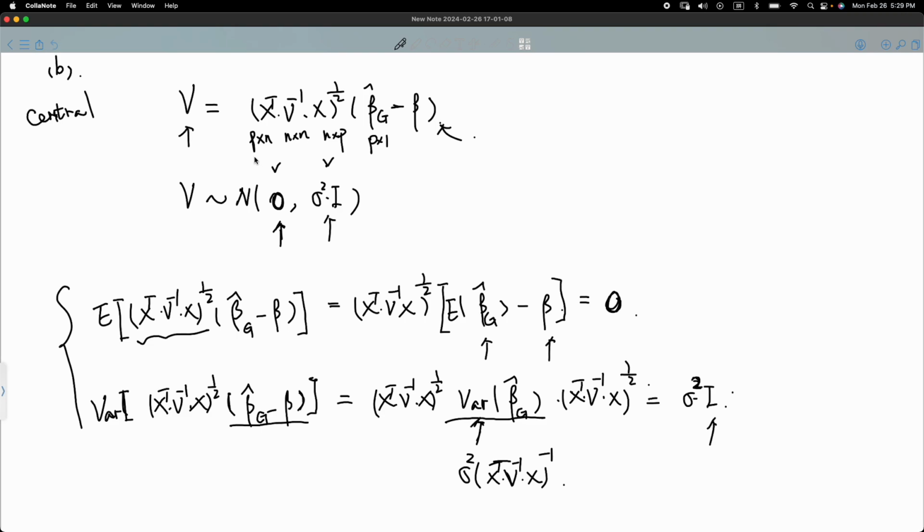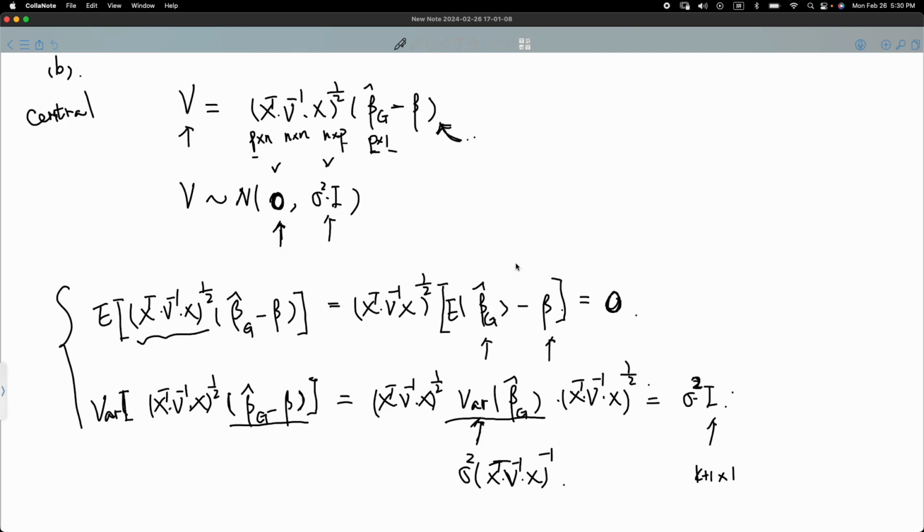So in the end, you will have P by P multiplied by P by 1. Okay, back to the notation, K by 1. Yeah, so indeed, K by 1. So this transformation does not alter the dimension, but it's centered to a 0 mean vector, with this particular covariance matrix.